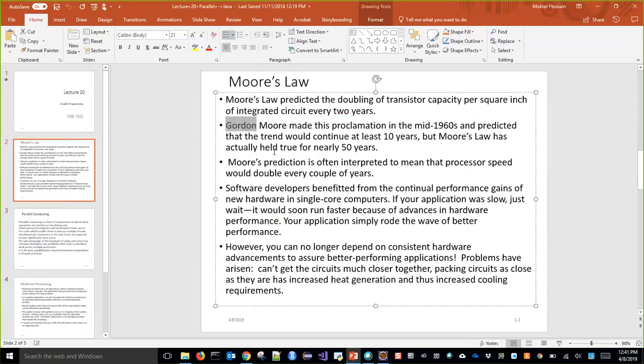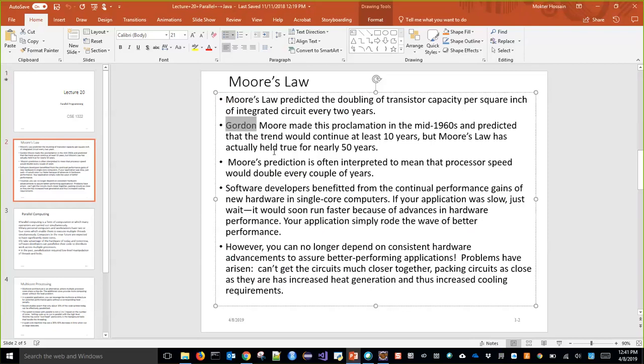So Gordon Moore, in the mid 1960s, 64 or 65, at that time, gave a theory where he predicted something. He said within 2 years, or some people say 5 years, the circuit size will double at low cost.